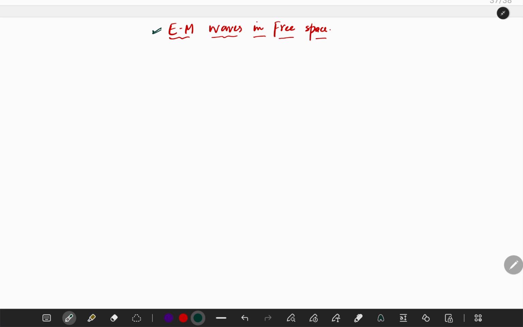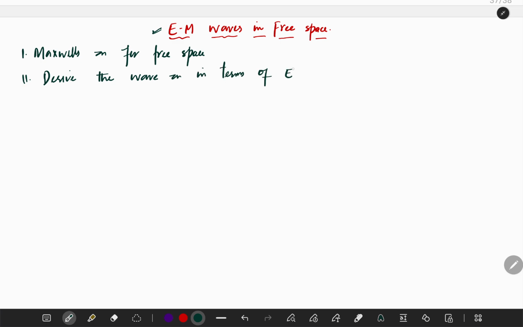Second, we'll try to get the wave equation in terms of E and B. So the main motivation for this topic would be writing the Maxwell's equations for free space, and second, to derive the wave equation in terms of electric field and magnetic field.